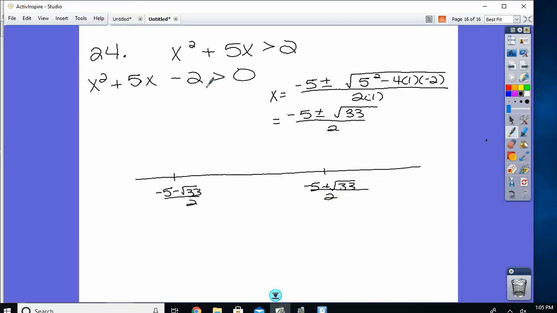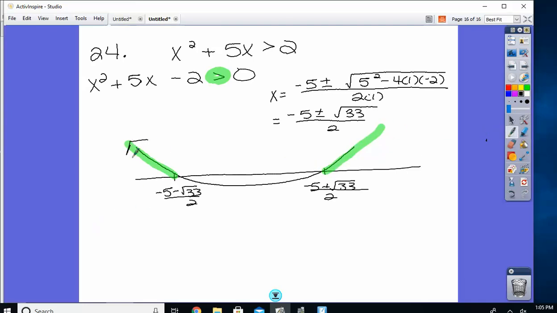Okay, is this parabola facing up or down? Okay, what kind of solutions did I want? Greater than 0. Greater than means positives, so I want those ends.